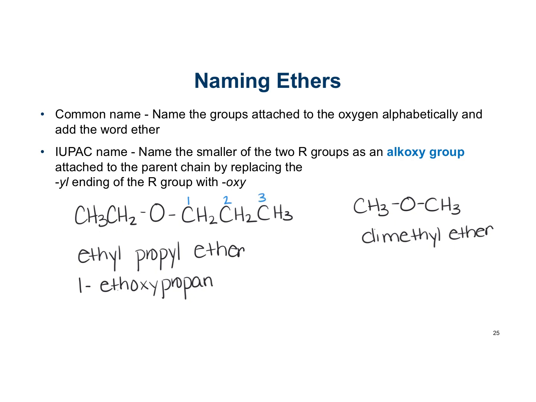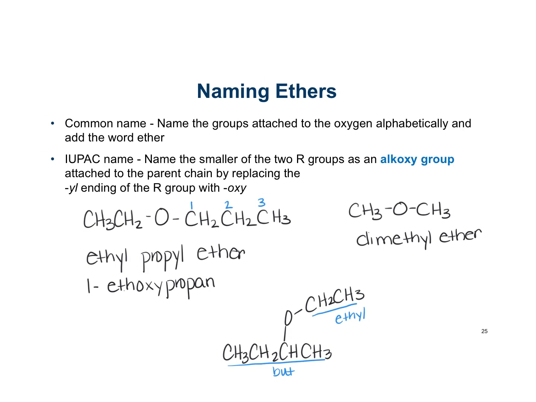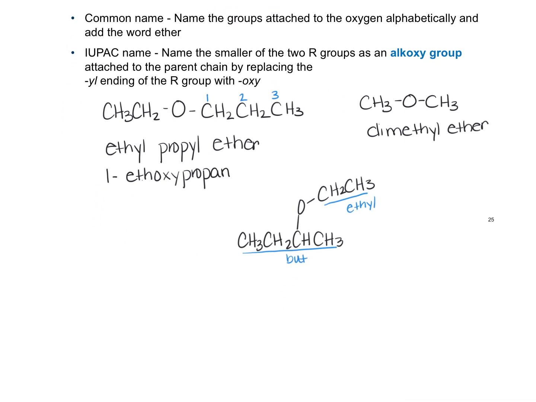Okay. Let's look at one where the prefix wouldn't be 1. So for example, if we had this molecule, okay, we have two groups here. We have this group, which is an ethyl group, and then we have this group, which is the longer one, so that's going to have the but- prefix there.